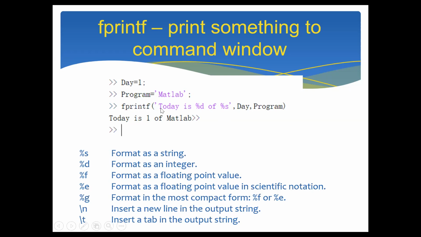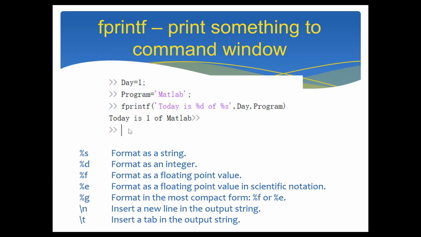And you type fprintf, 'Today is %d of %s', and then you give these two arguments. It will replace these percent signs with the variables one by one. So the first percent will be replaced by the variable day, which is 1. And the second percent will be replaced by the variable program, which is a string.